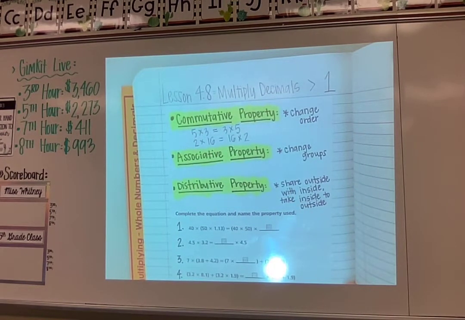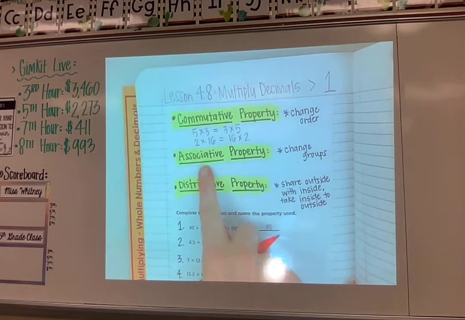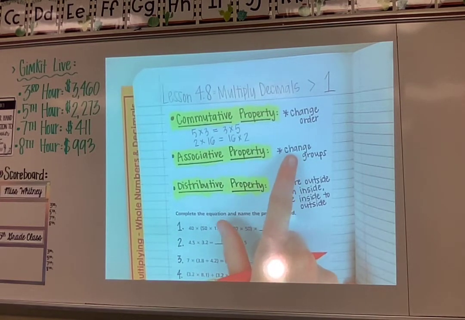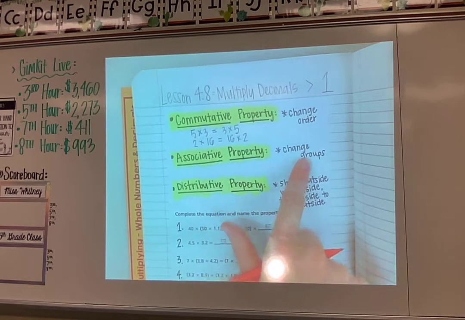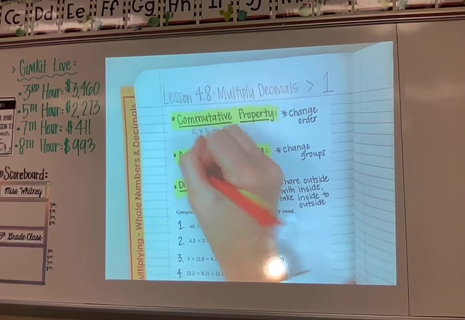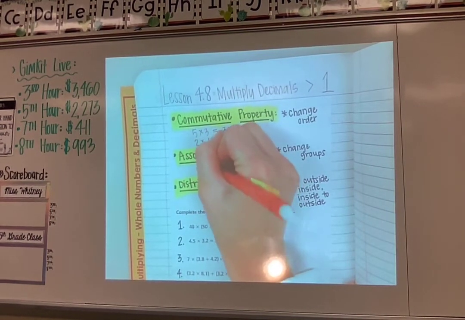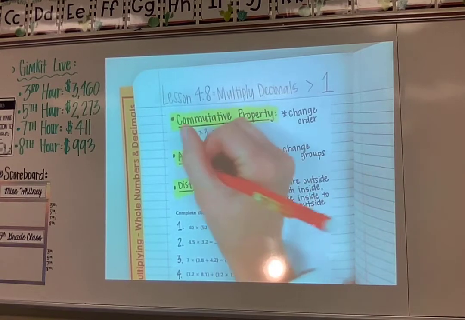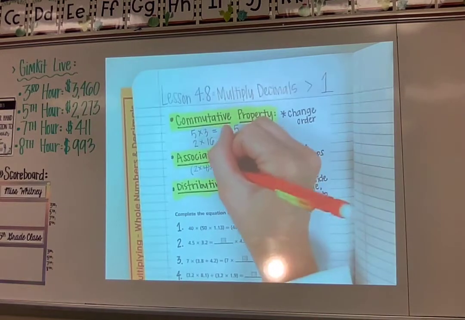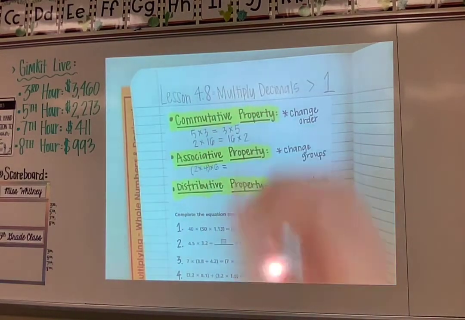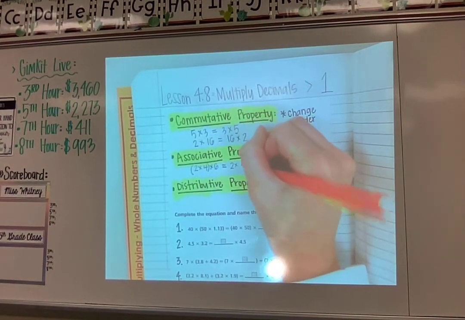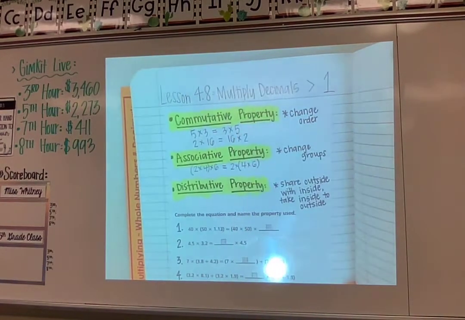So that commutative property just tells me I can change the order of the numbers in my problem. The next property is the associative property, and my little hint over here tells me that that means I can change the groups. I can change around my groupings. So let's do an example here. If I have 2 times 4 times 6, and I put parentheses around the 2 times 4, that would be the exact same or equal to if I did 2 times 4 times 6 and put my groupings around the 4 and the 6 instead.